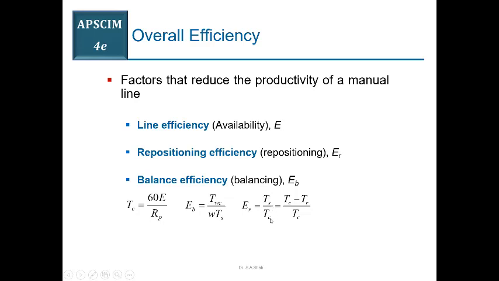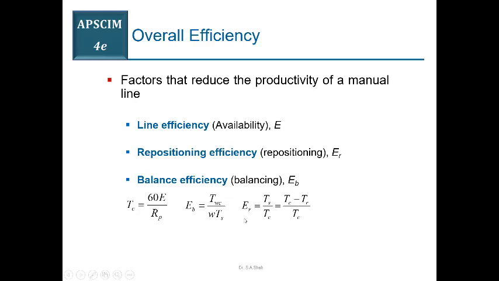So TS by TC will be the repositioning efficiency. And then you can put in the value of TC, TS, TS जो है वो TC minus TR है, जो कि earlier मैंने आपको बता दिया था. So either you can use this, अगर for example TS given ना हो, repositioning or cycle time given हो, तो you can use this formula, otherwise this formula, EB.